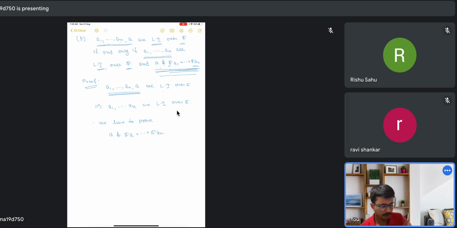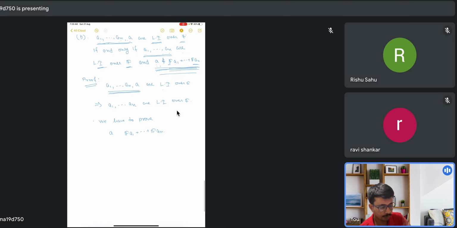Or contrapositive. Contrapositive means we have to prove this one. We have to prove that A does not belong to these sets. We go for contrapositive. So if we assume that A belongs to these sets, we will get some contradiction.